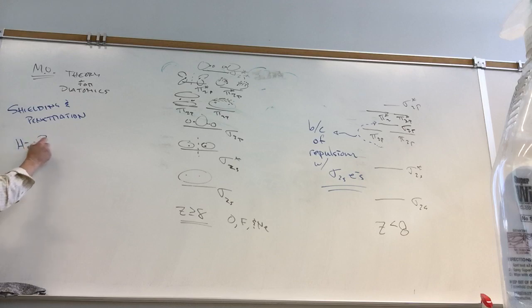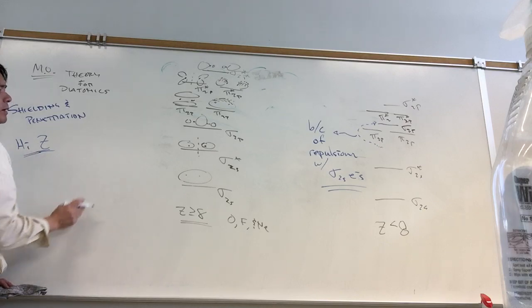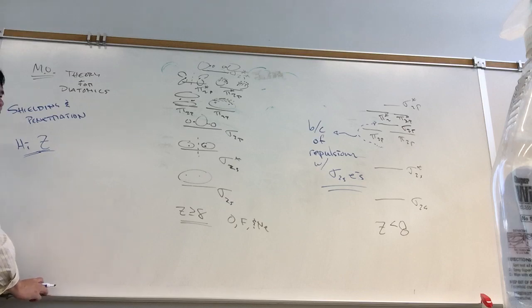When we have a high Z, what is a high Z? A high Z is high nuclear charge. A high nuclear charge pulls in electrons closer. And so with a high Z, what's more penetrating, a 2s or a 2p? S. S is more penetrating.